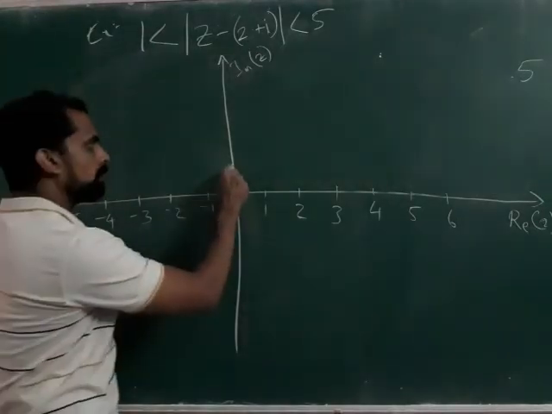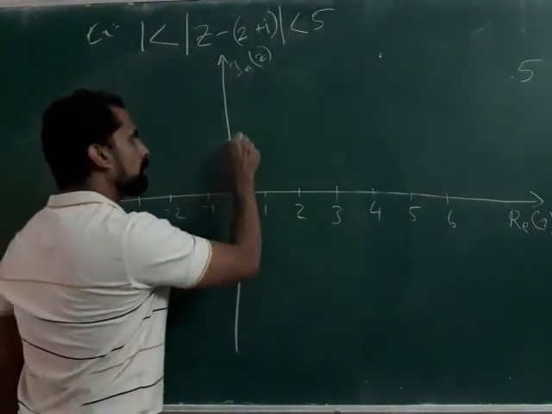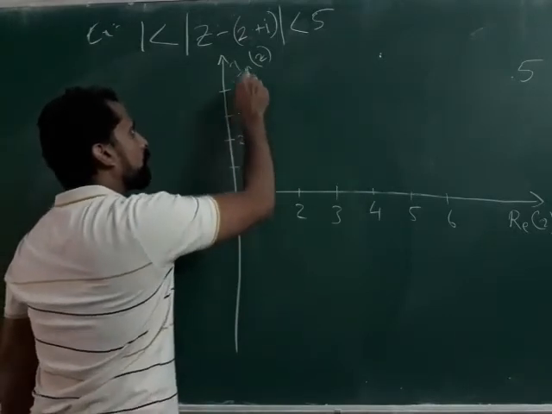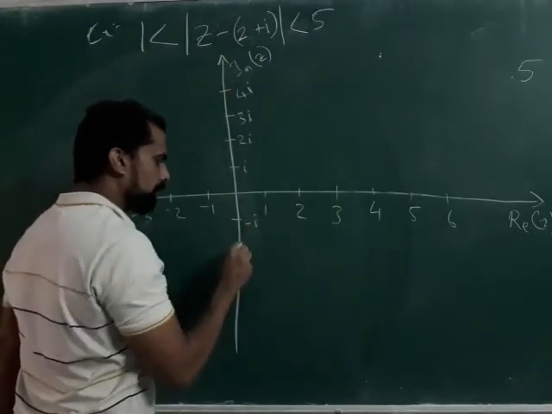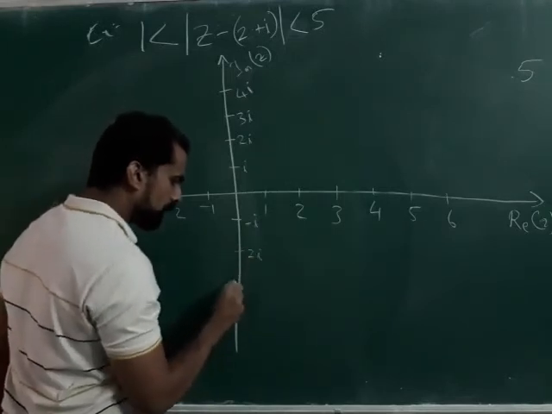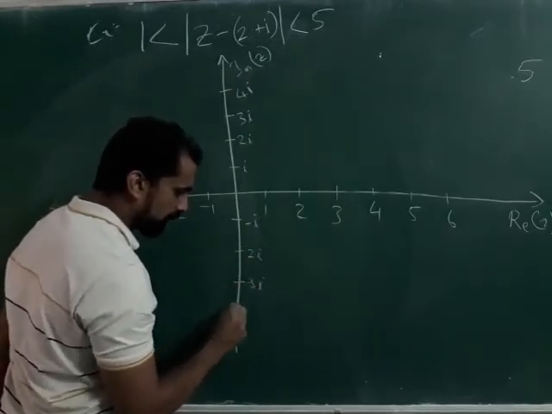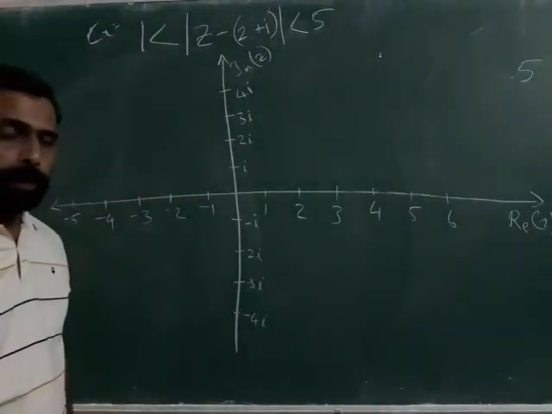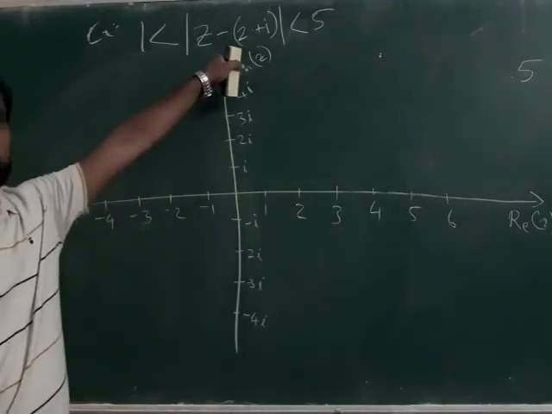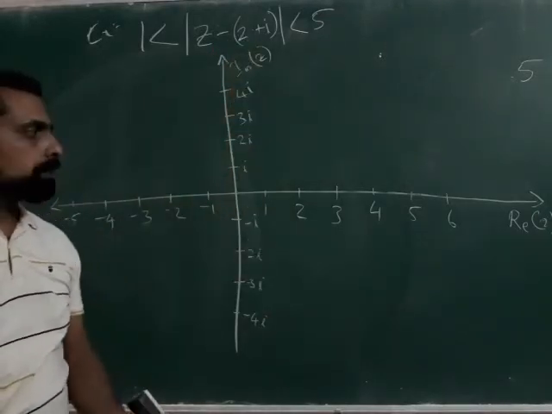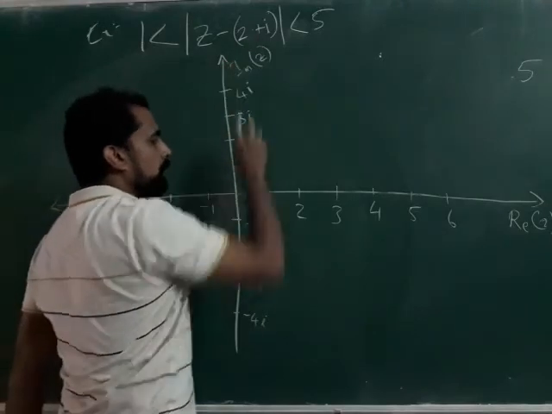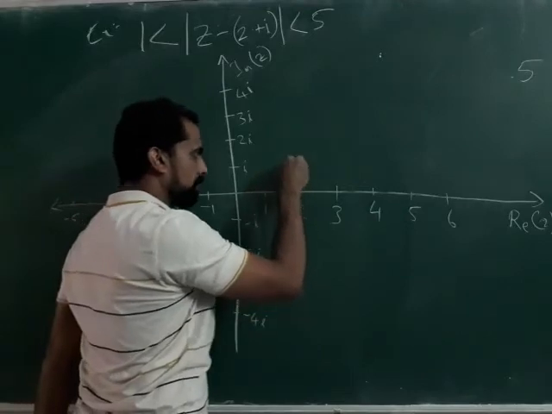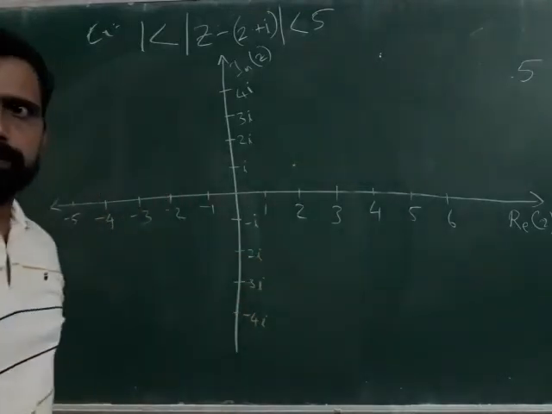And this is I, 2I, 3I, 4I, minus I, minus 2I, minus 3I, minus 4I, like that. Now you look at the point 2 plus I, this will come 2 units on the real axis and 1 unit on the imaginary axis. So this is your point.